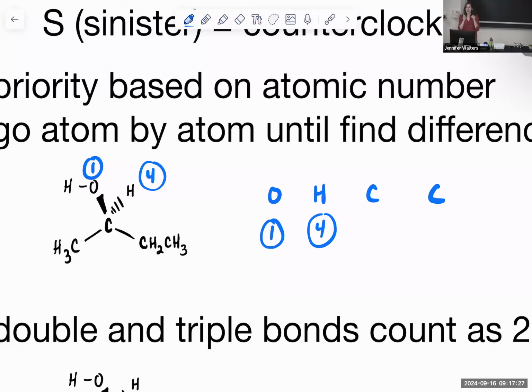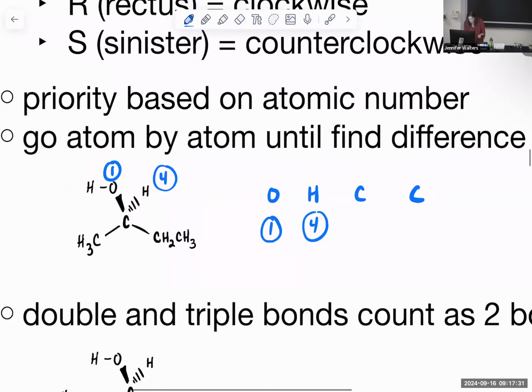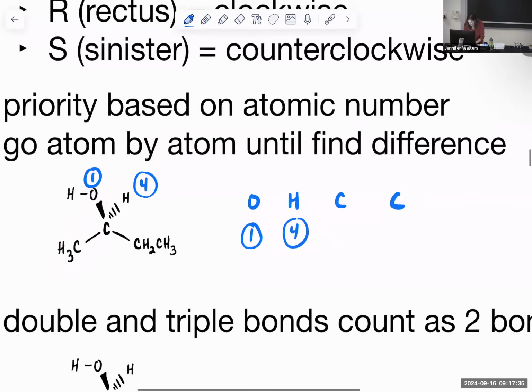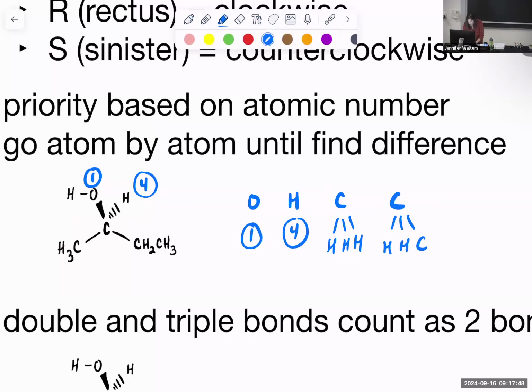So I have to walk out another set of atoms in order to figure out where the higher atomic number is. The carbon on the left has 3 hydrogens attached to it. The carbon on the right has 2 hydrogens and a carbon. So that's where I finally see this difference in atomic number.